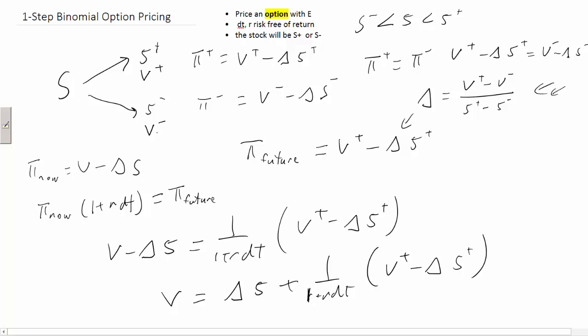As soon as I know all the S's and the V's, I have a number for the delta. As soon as I have a number for the delta and all the S's, I can plug into this formula and figure out the value of the option, including time value of money. That's an R there, 1 plus R dt.